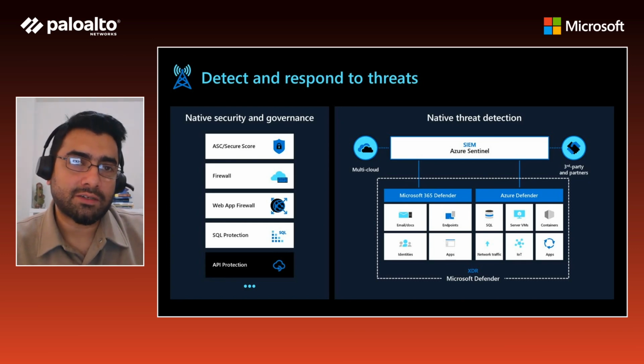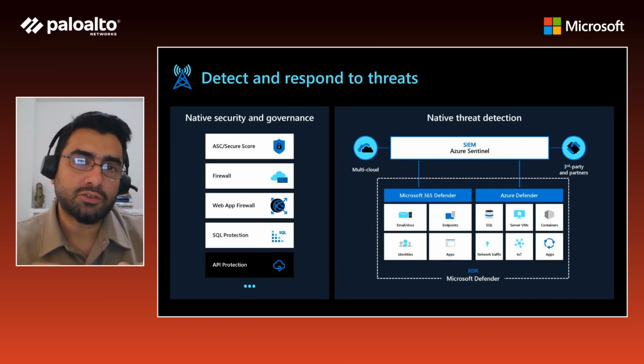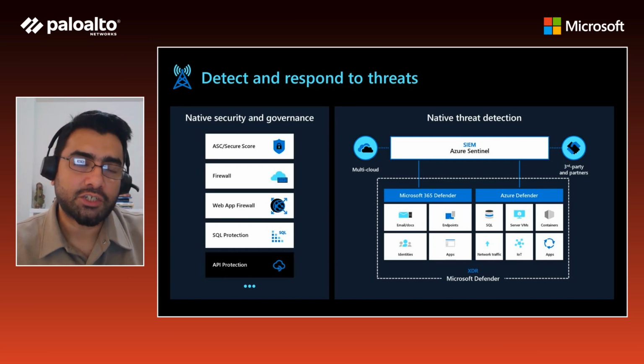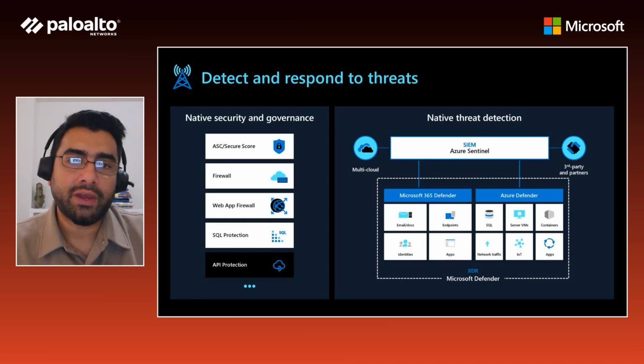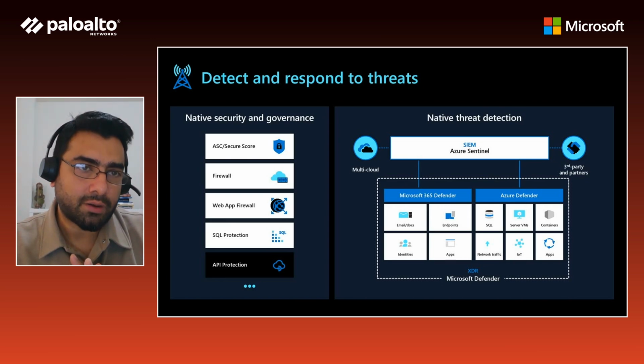Even if you have Microsoft 365 Defender or Azure Defender, on top you have Azure Sentinel to detect and respond to any threats that happen to your solution. Azure Defender provides protection on top of all the resources available, like SQL, VMs, containers, and everything. Azure Sentinel looks into the multi-cloud and third-party partners, and they work together to provide you native threat detection on top.